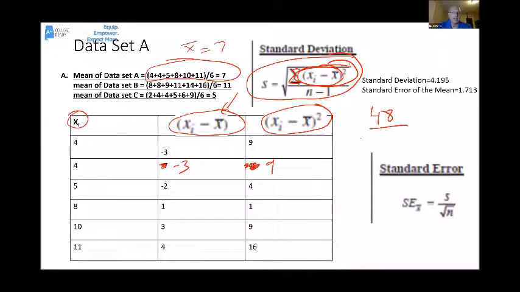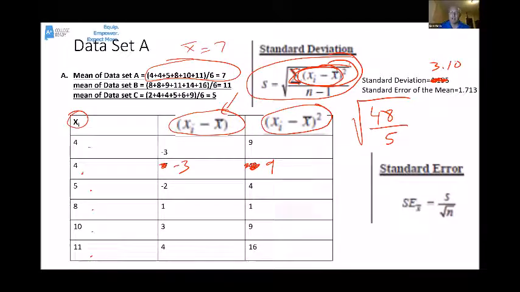Remember, n is the size of your sample. I had 1, 2, 3, 4, 5, 6 in my sample. So n minus 1 would be 5. So I take the square root of 48 divided by 5, to get 3.10. So that's my standard deviation.